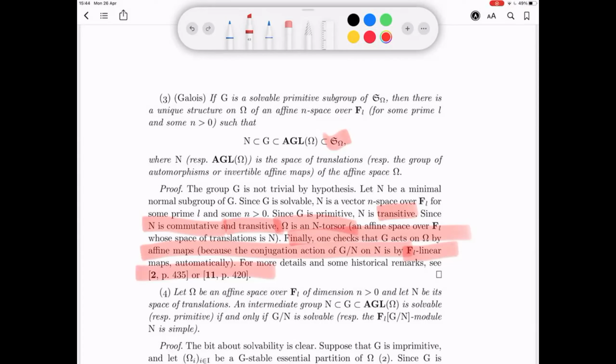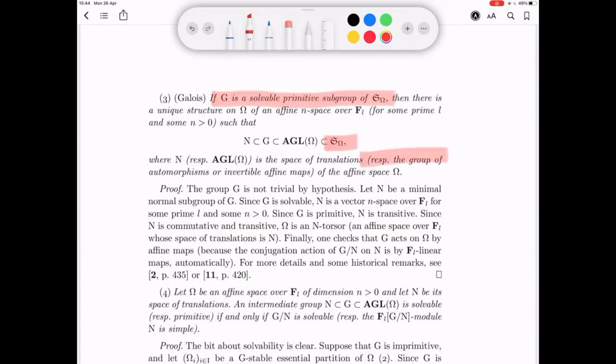This is what Galois himself had proved, essentially. Maybe his terminology, of course, was not the same as this, but what he had proved might be called a corollary of this, which is that if you have a subgroup of Sn, little n, then its degree is the power of some prime.